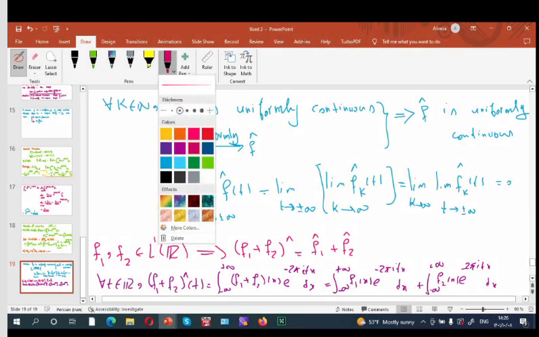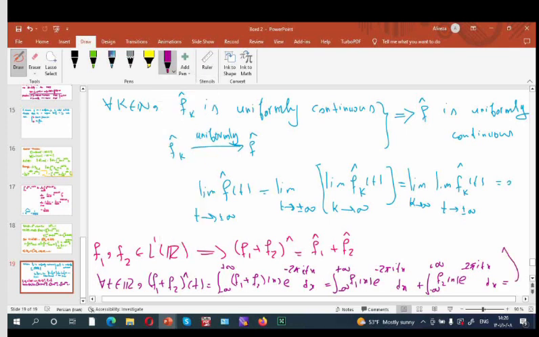Let me write, this is equal to this and this, okay? And also we can consider a coefficient for f2 such as this.